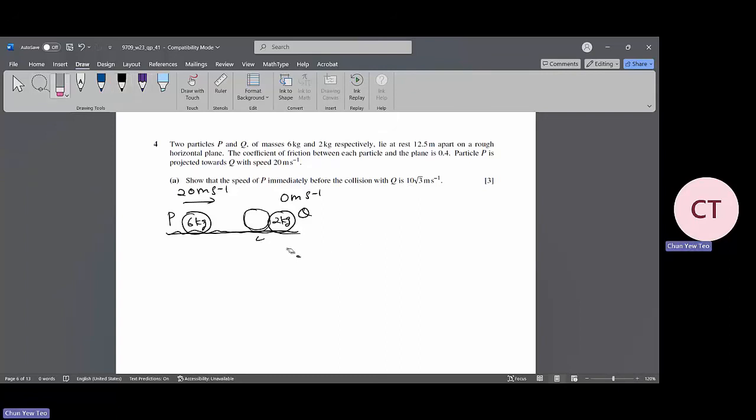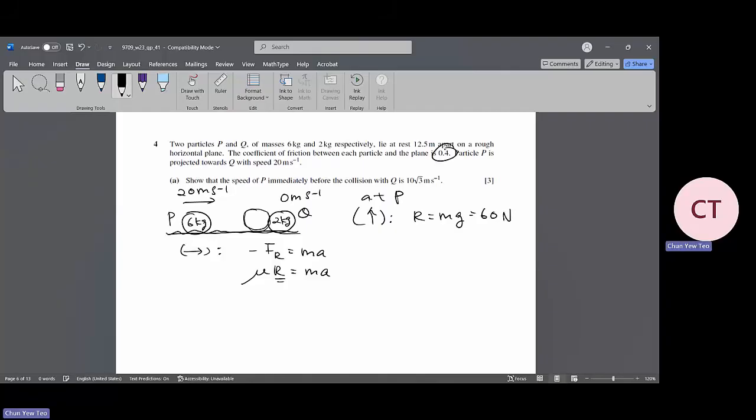Okay, so what you need to do is resolve forces. If you resolve forces horizontally for particle P, you have negative Fr equal to ma. What is Fr? Fr is μR. What is R? To find R, if we resolve the forces for P vertically, you get R equal to mg, so it's actually 60 Newton.